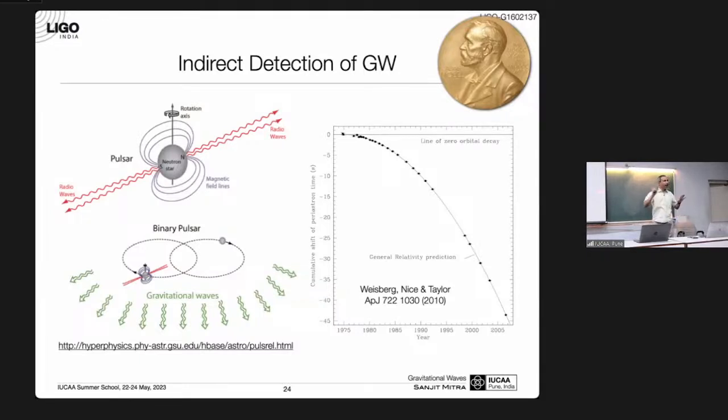Now, what is the indirect detection part? Suppose you have a cup of hot tea or something, okay? Let's say you have a black body. And you have come up with a theory that the black body radiation is Planckian. But you don't have a device to measure the exact Planck distribution.